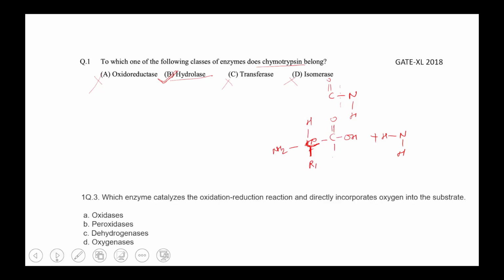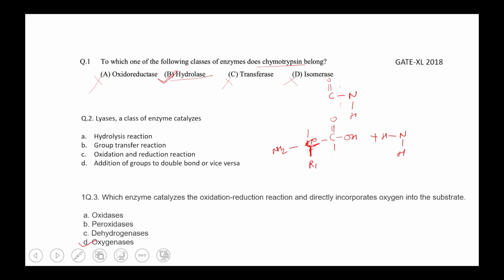Next question: which enzyme that catalyzes an oxidation-reduction reaction directly incorporates oxygen into the substrate? We just read that oxygenase directly incorporates oxygen into the substrate, while oxidase works as an electron acceptor and does not incorporate oxygen into the substrate. Lyase is a class of enzyme that catalyzes... Hydrolysis reactions are done by hydrolases.